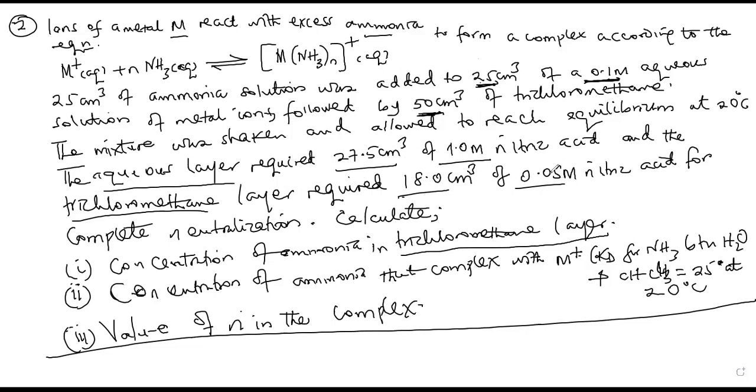For Roman 1, we shall say that 1,000 cubic centimeters of nitric acid contains 0.05 moles.